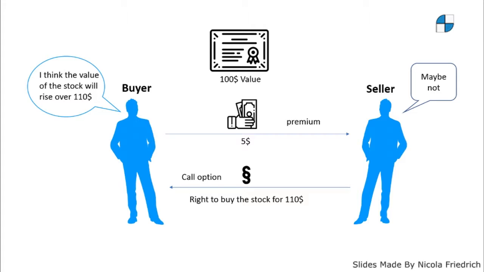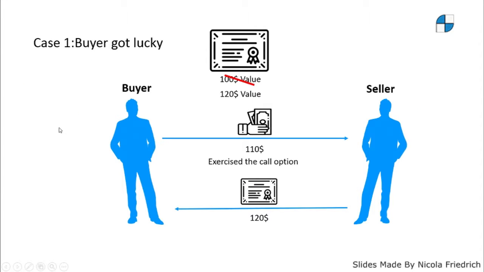And in order to get this call option, the buyer will pay the seller a premium, which is the price of this right. So let's see the case when the buyer got lucky, which is when the price of the stock eventually climbed.